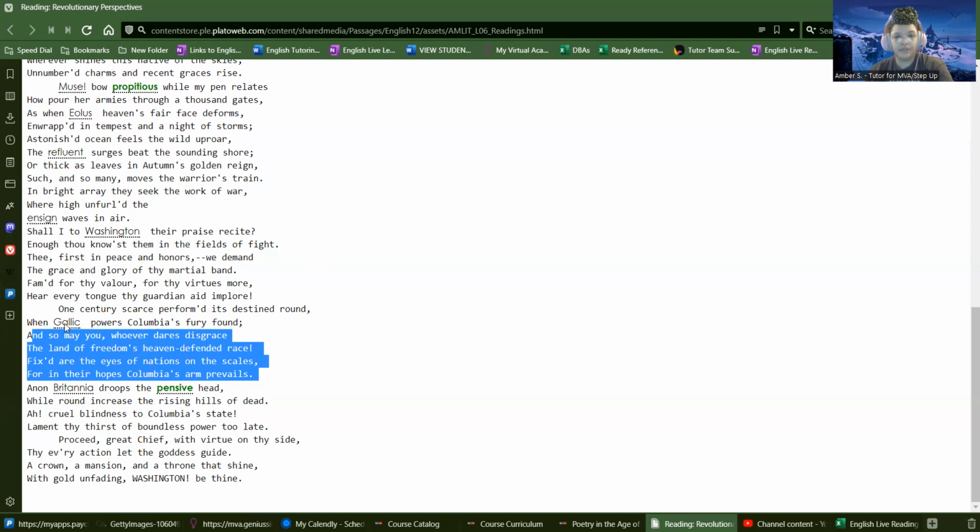So pretty much what's being said here is that the colonies were defeated by the French and they found Columbia's fury. Because obviously, if you get beat in a war, you're probably mad about it.